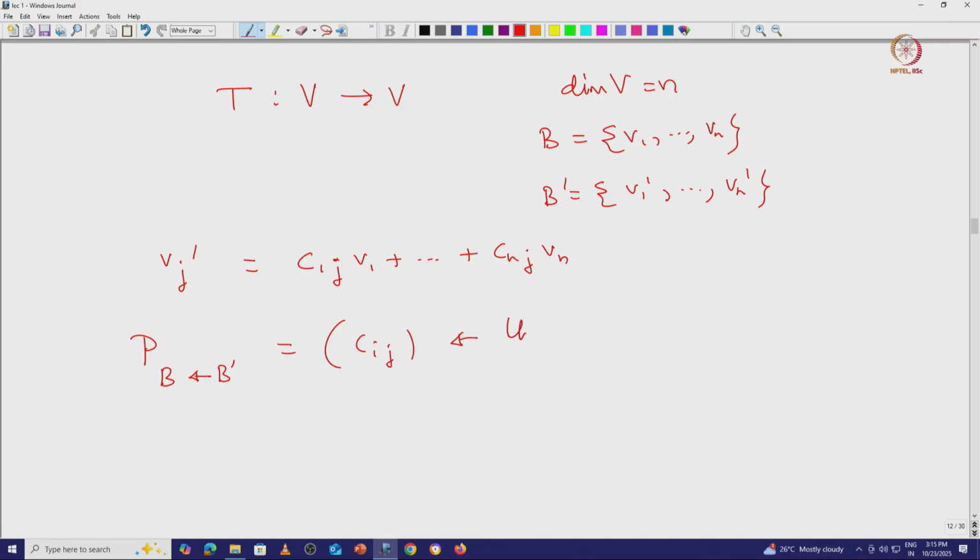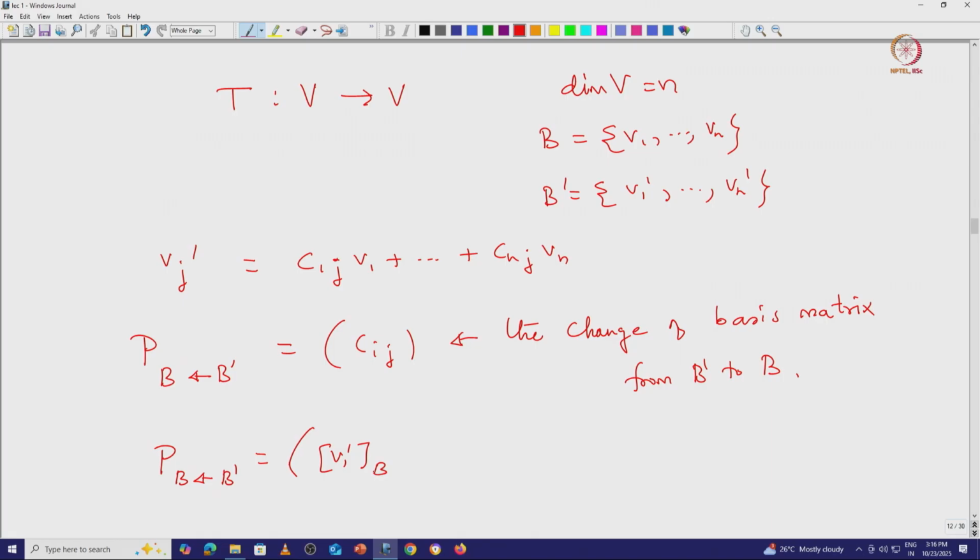This is called the change of basis matrix from B dash to B. If you think about it, the jth column is the coordinate vector of Vj dash in the old basis B. Basically this is a matrix whose columns are given by the coordinates of V1 dash, V2 dash and so on with respect to the old basis B.